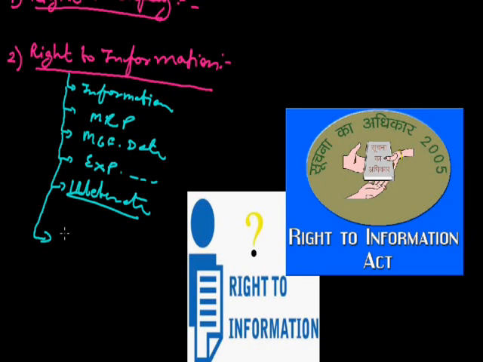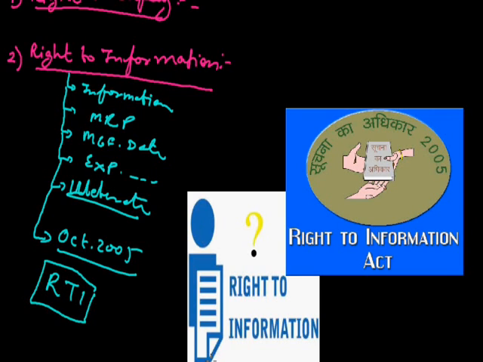The major step taken by the government in this respect was in the year 2005, when the government of India enacted a law which is popularly known as RTI, meaning right to information.